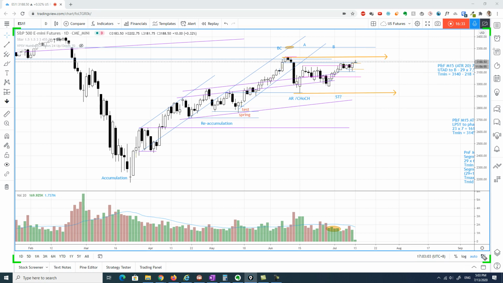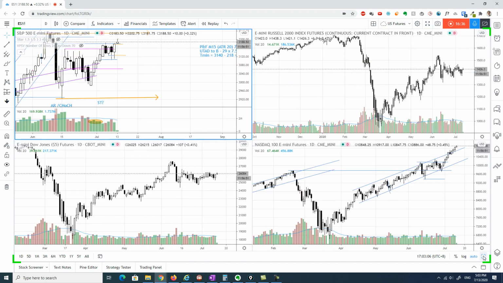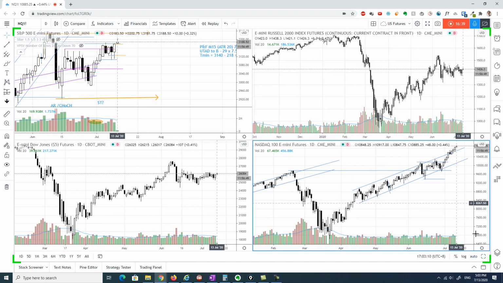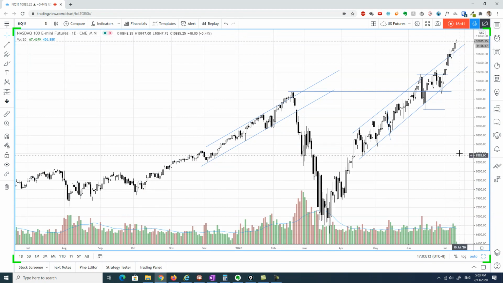And I think the price action could coincide with the Nasdaq, which I pay a lot of attention to, because you can see that this is the Nasdaq 100. So far, we have entered into the overbought of the channel, and this is quite a climactic run-up.